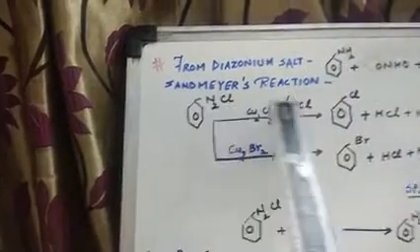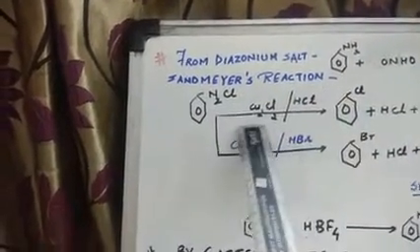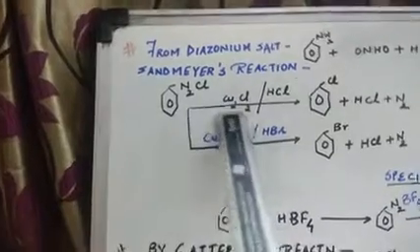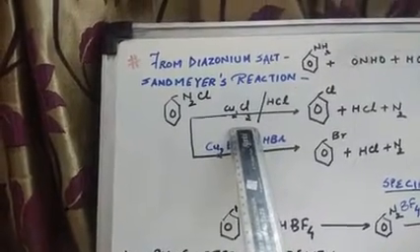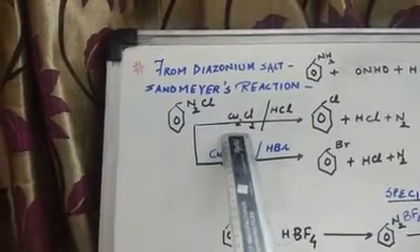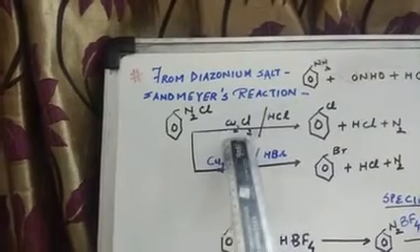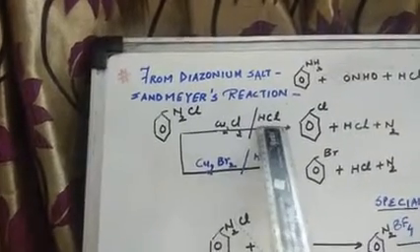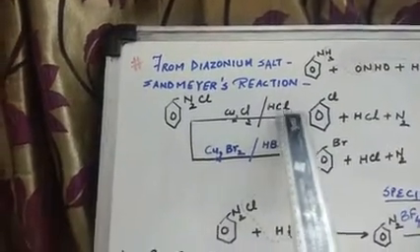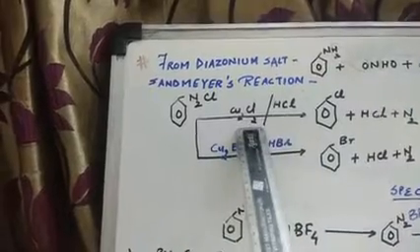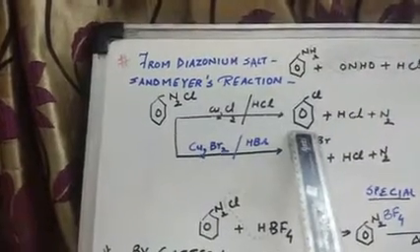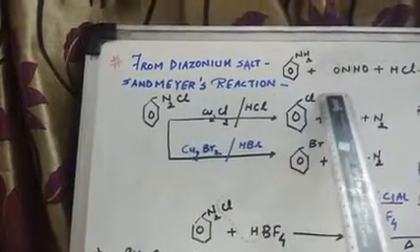If treated with HCl in presence of cuprous chloride, Cu2Cl2. Here we can take any cuprous halide, students, and halogen acid. So here I have taken HCl and Cu2Cl2. So product we are getting is C6H5Cl.